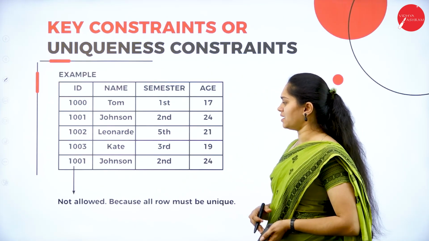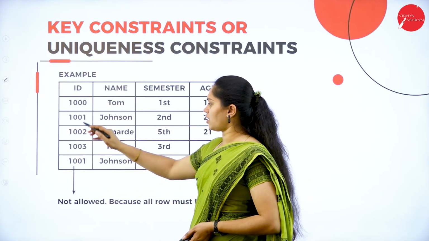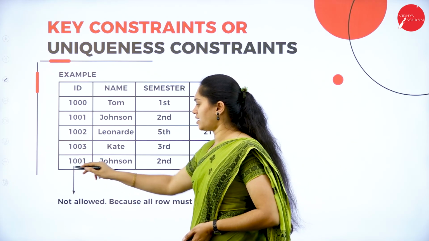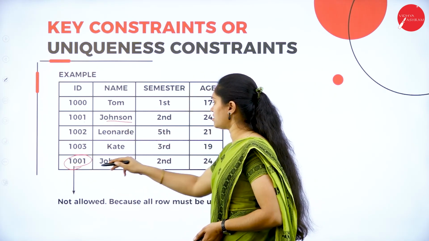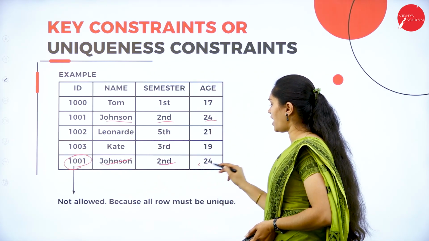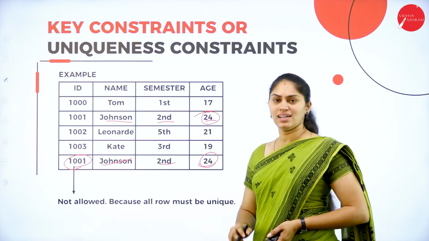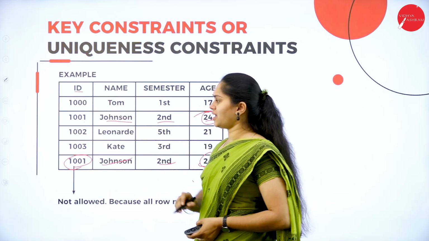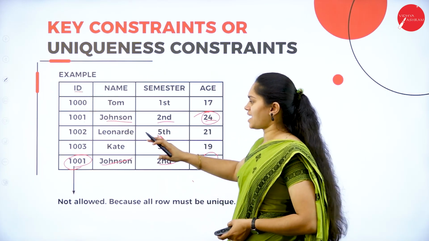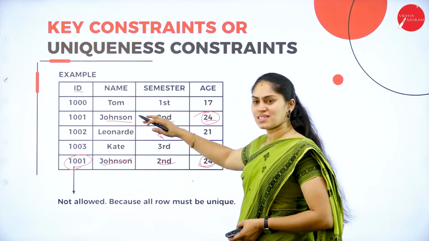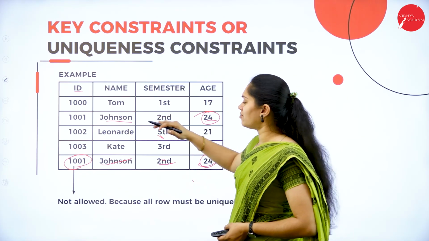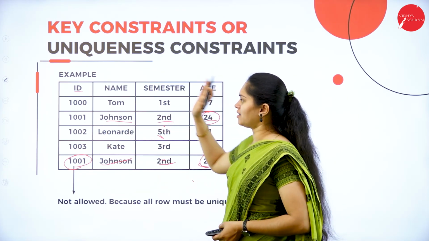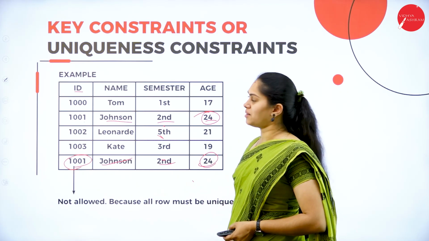You can see the example here. Here we have 1000, 1001, 2, 3. Again here I have 1001 and name Johnson, and second all the values are same. As we told earlier, in order to satisfy this key constraint, if it is a primary key, no two tuples can have a same or identical value for all the attributes in the table, then that can't be considered.